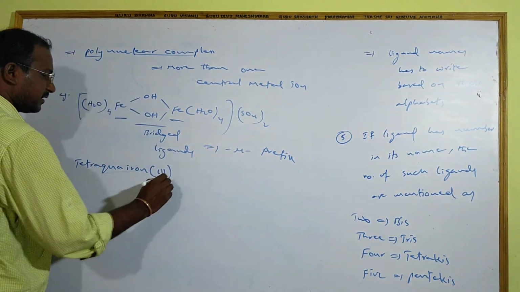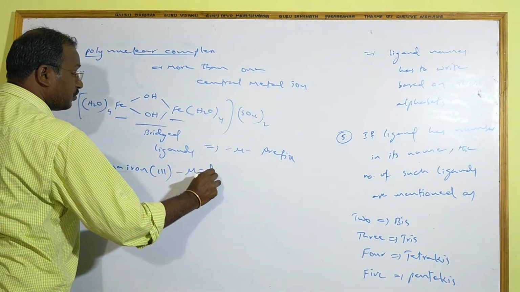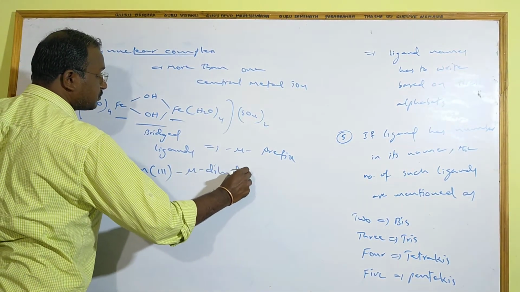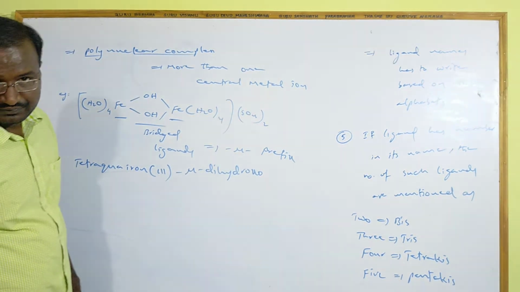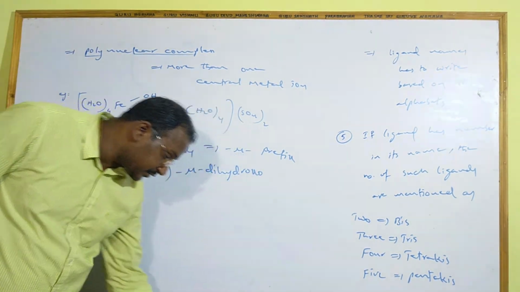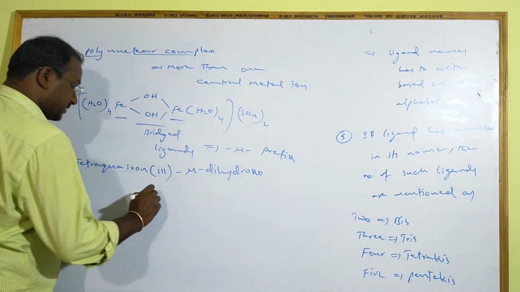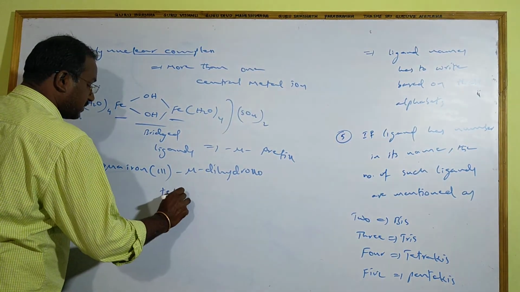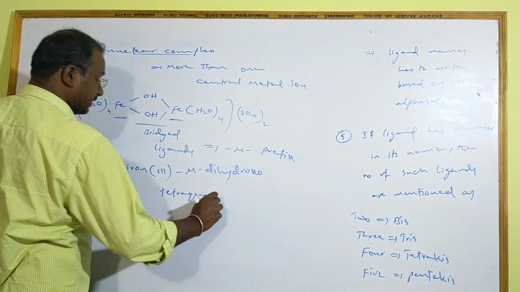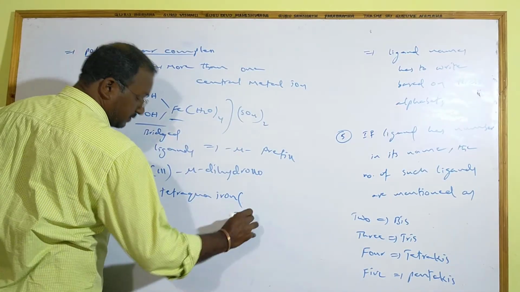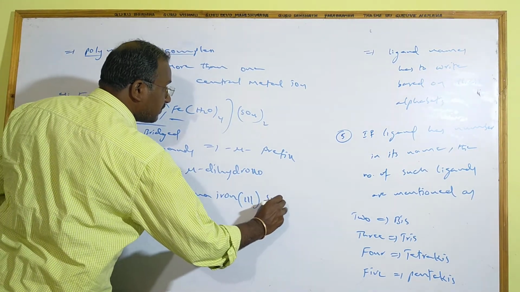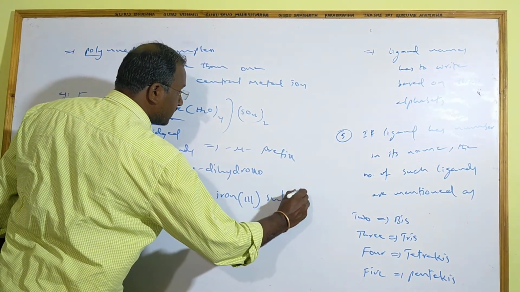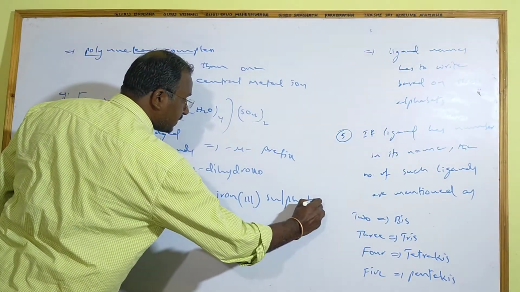You can calculate that also. Mu dihydroxo, hydroxido also you can write. Once again, tetraaqua iron, and its oxidation state is 3. Sulfate, SO4 2 minus is there, SO4 taken twice, so sulfate.